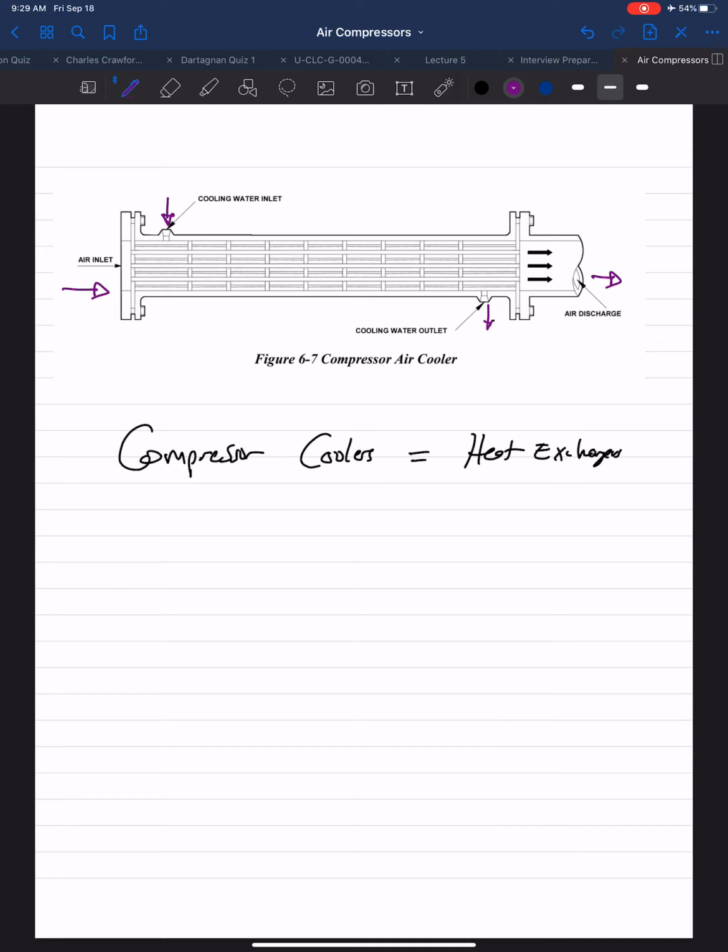So the cooling water takes the heat from the air as it passes through the heat exchanger and leaves. We'll get more into how heat exchangers work in a later part of this semester, but that's pretty much what it is. It's taking the heat from one fluid as it travels through the exchanger.